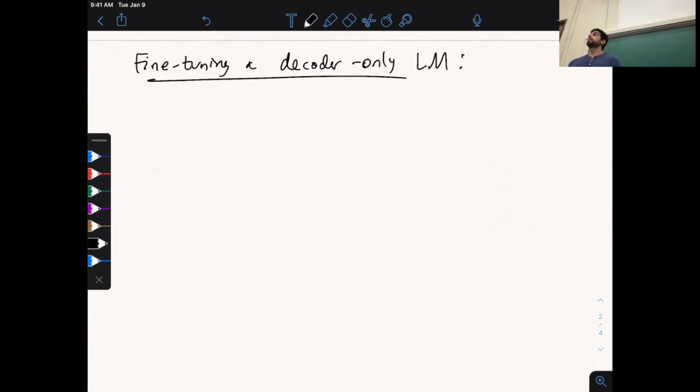So let's say we wanted to solve the task of sentiment analysis again, but this time we have trained a next word prediction language model, right, with masked self-attention. So in particular, I might have the same input, the movie was good.